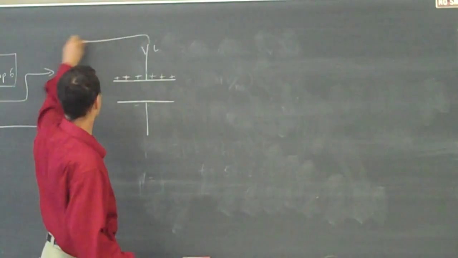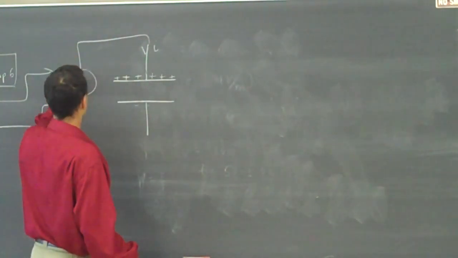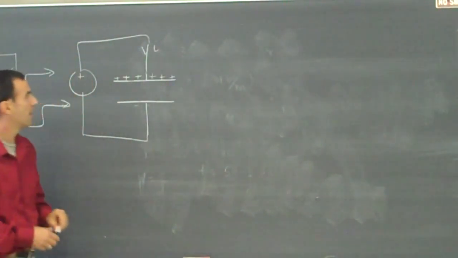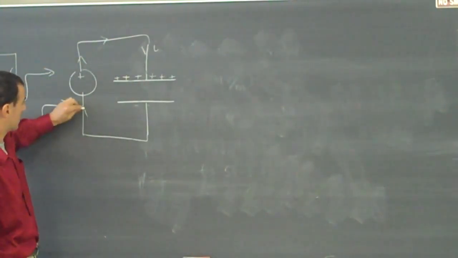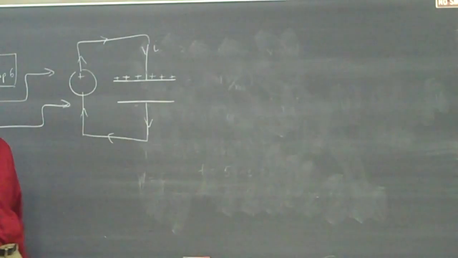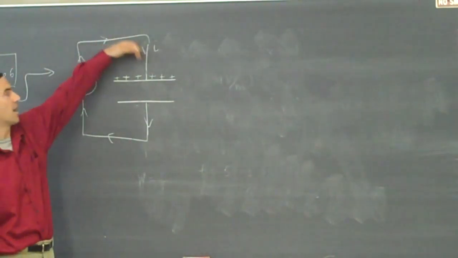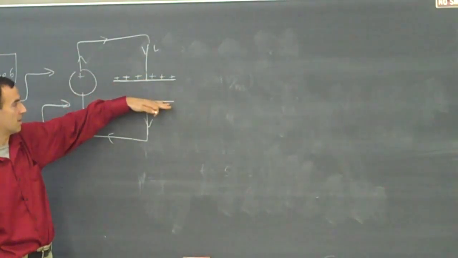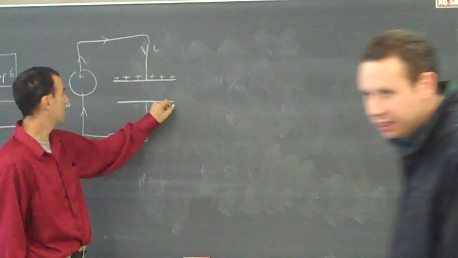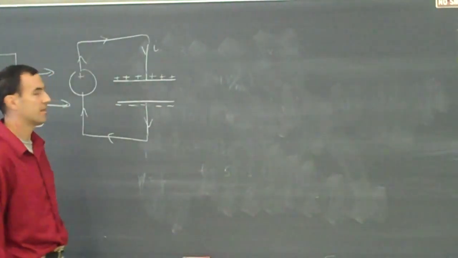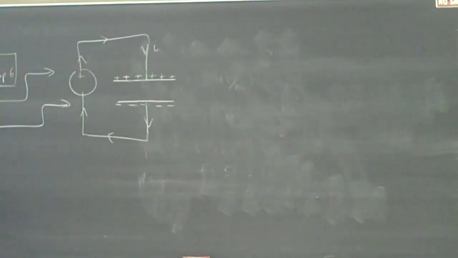If this was part of a circuit, maybe connected to some kind of battery, if I have a current I here, I'd have the same current there, the same current there, same current there. So those positive charges that are piling up on this side of the capacitor have to be leaving the other side of the capacitor. And as they leave, they leave behind negative charges on the other side.